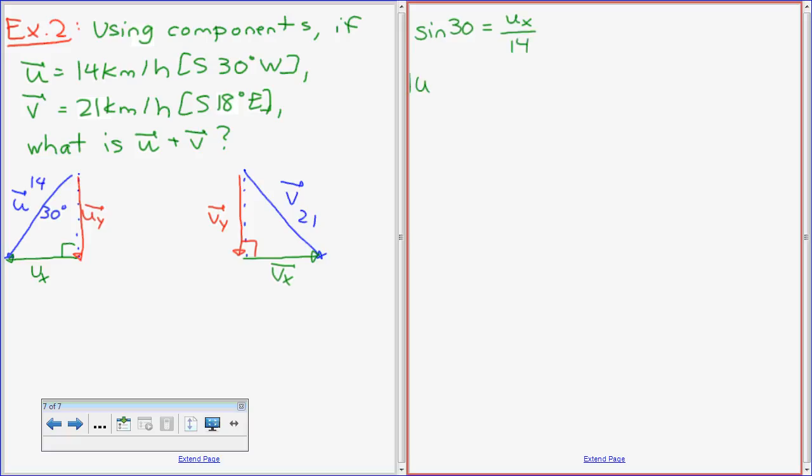So magnitude of ux equals 14 times sine 30. Sine 30 is 7 1/2, right? So we're going to say that ux equals 7 kilometers per hour west. No, never mind. You tried to shake me there, it didn't work. Is everyone okay on where that came from before I continue?